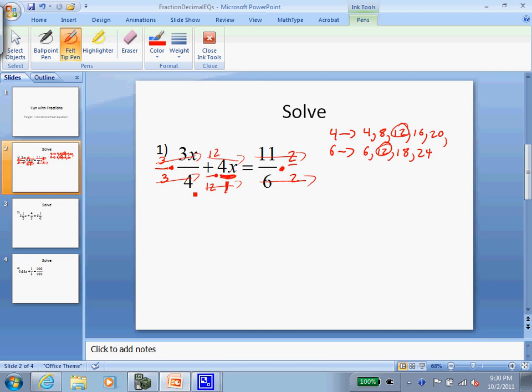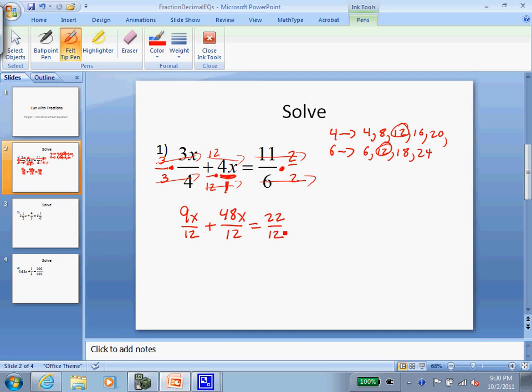So 3x over 4 becomes 9x over 12 when we rewrite it as 12ths. 4x turns into 48x over 12, and then 11/6 is the same as 22/12.